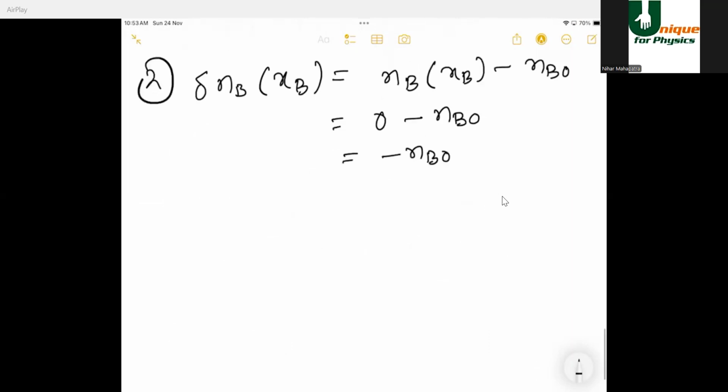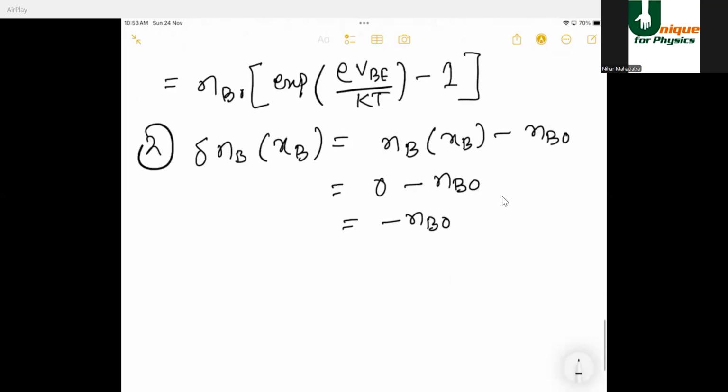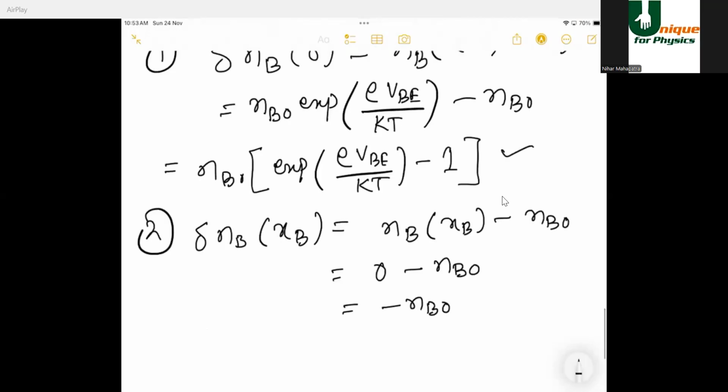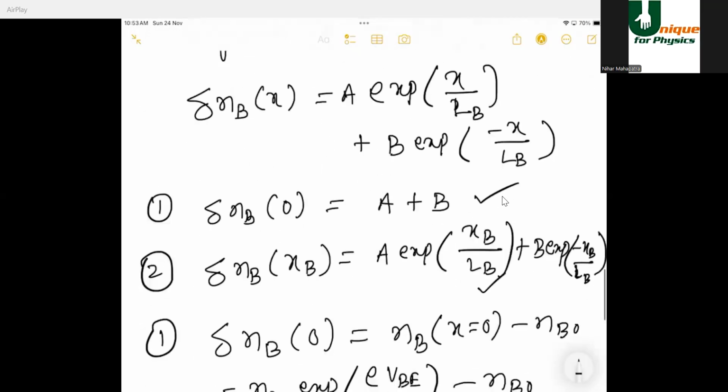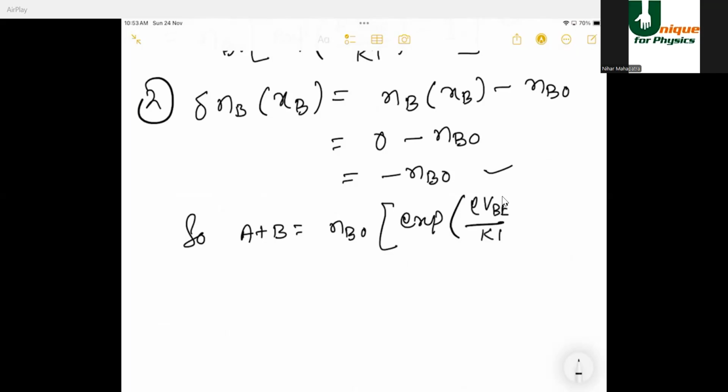Okay, so equate these things now. So A plus B is equal to this at x equal to 0, and at x equal to xb, this is equal to minus nb0. Equate these two. So A plus B is equal to nb0 exponential of e vbe divided by kt minus 1.